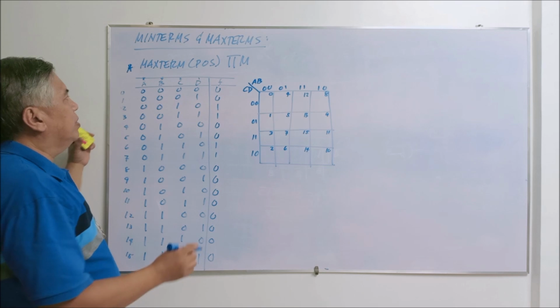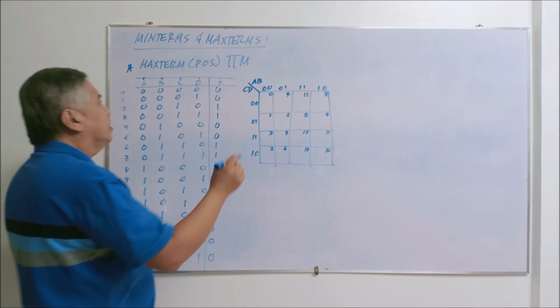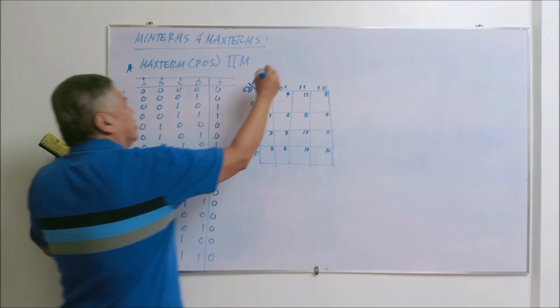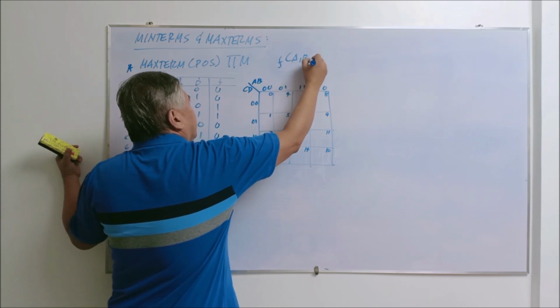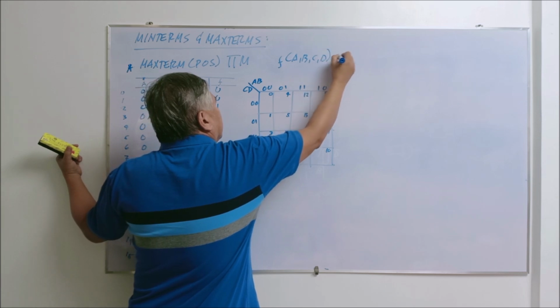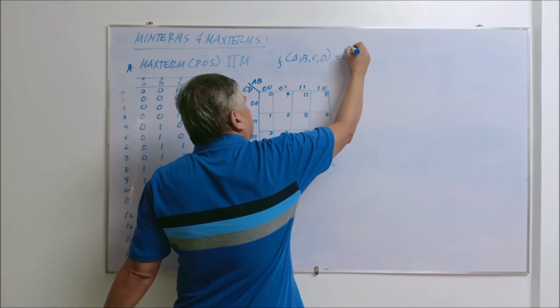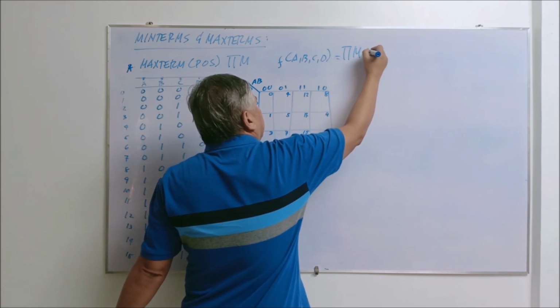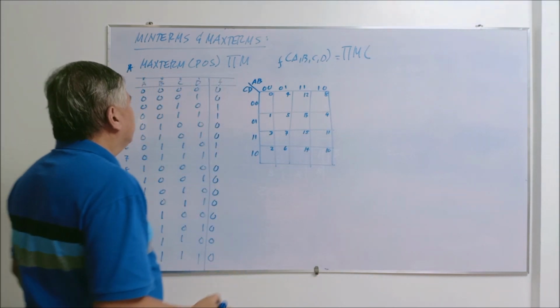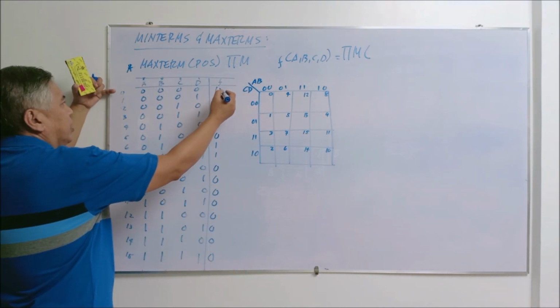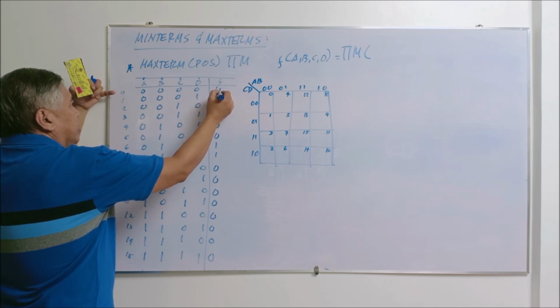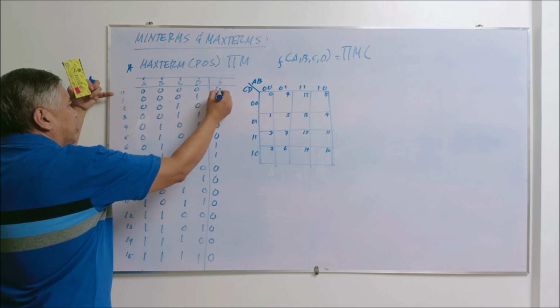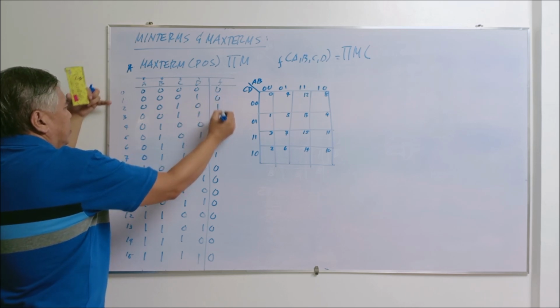So what will be our Maxterm here in this particular table? So you have F as a function of A, B, C, D is equal to pi, capital M. Then you have the Maxterms here. Consider again a value of F, which is 0 this time, because this is product of sum expression.